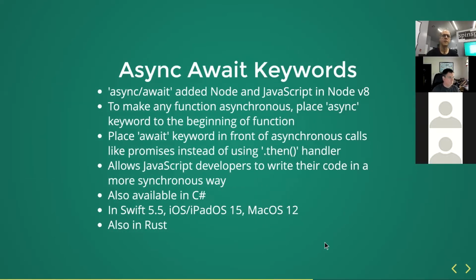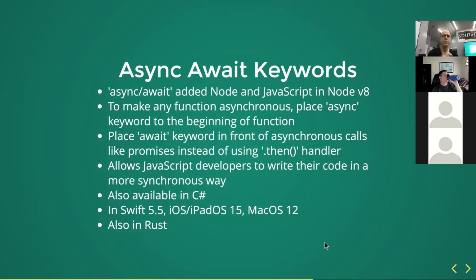So that brings us to Async and Await. Async and Await has been in JavaScript, or at least in Node, since version 8. The way it works is you put async in front of your function, and that will make your function asynchronous.